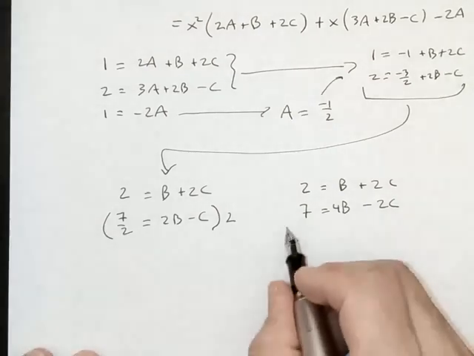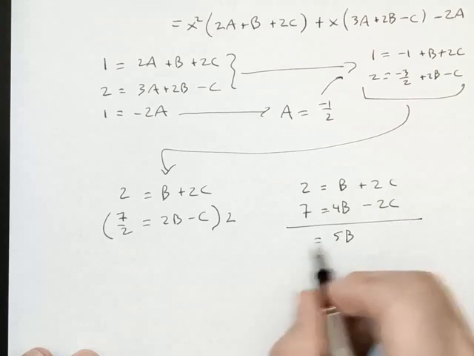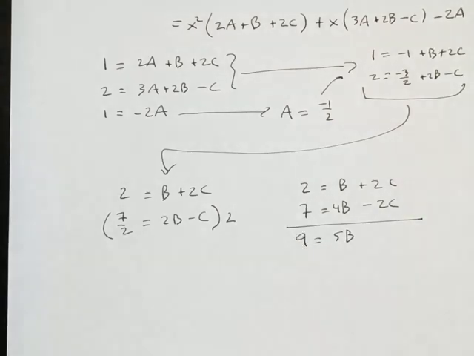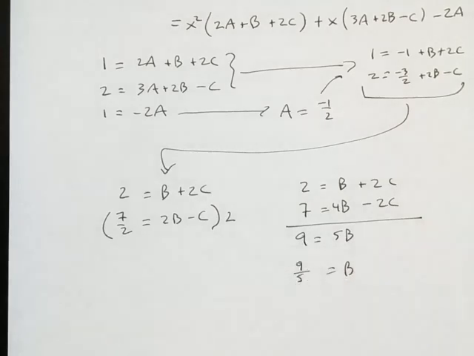Add those equations, the c's cancel, and I get 5b equals 9. So b is 9/5.